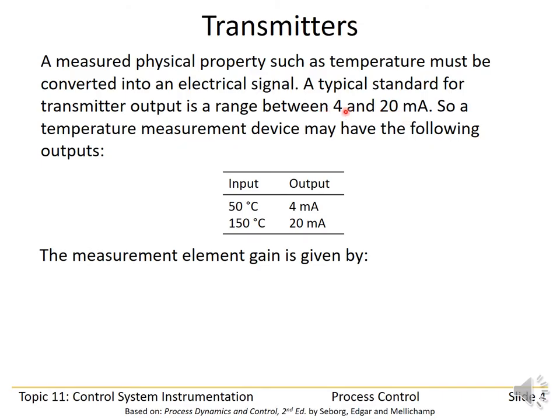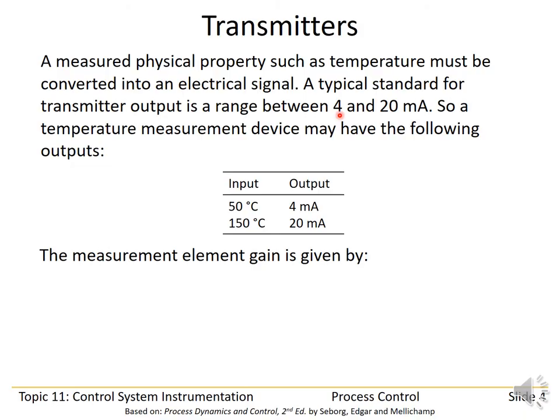Okay, this is somewhat arbitrary. It's become a standard over the years for process instrumentation. You might wonder why the minimum value of the current is not 0. The answer is that we want to be able to distinguish between a low signal and a failed instrument or a short circuit.